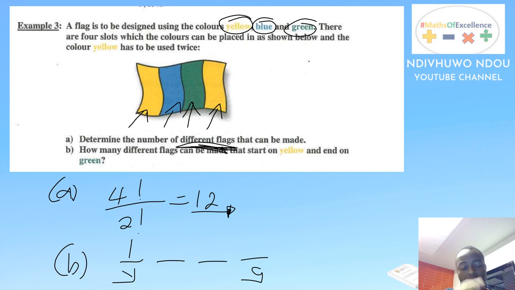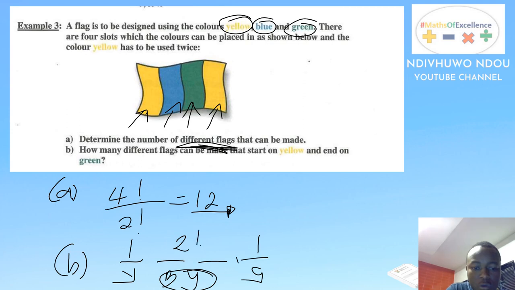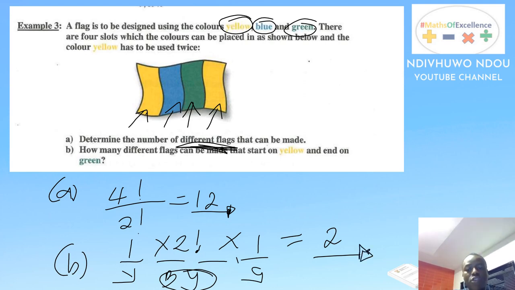If it's ending with green, we also only have one way in which you can do so, so we put 1. The remaining colors are blue and yellow, right? In how many different ways can you arrange these? You can start with blue, then yellow, or start with yellow, then blue. So they can be arranged in 2 factorial ways. In total, you simply multiply those things and you have 2 as your final answer, using your calculator, obviously.